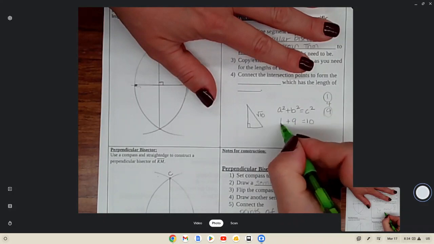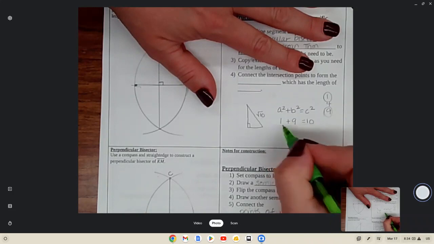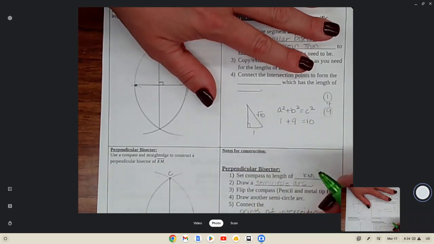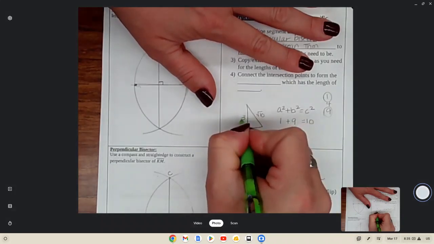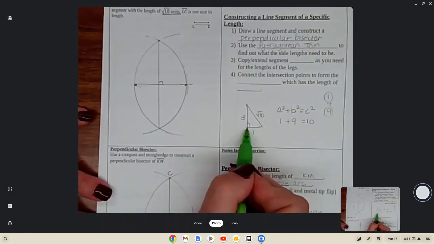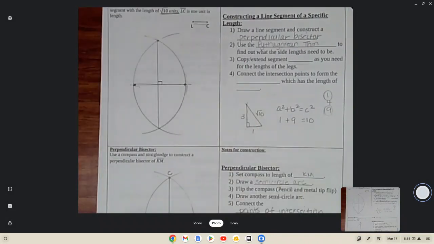So a squared is 1. B squared is 9, right? So if a squared is 1, that means a is just 1. If b squared is 9, what is b? 3. Yeah. Okay. So we want 1 unit, 3 units.